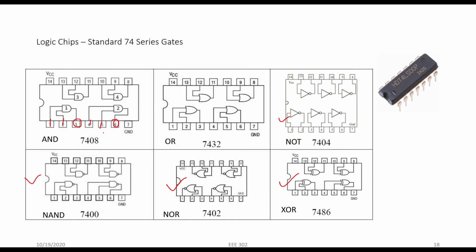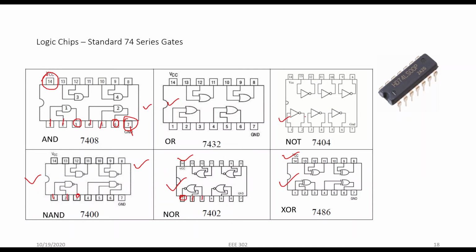So in each IC we have 4 NAND gates, and pin number 7 is ground, so you should connect it to the ground, and this is the power pin of the IC, which is called VCC. For these cases, these are all similar. You can see 2 inputs, 1 output. Here it is a little bit different. 2 and 3 are inputs, this is the output.